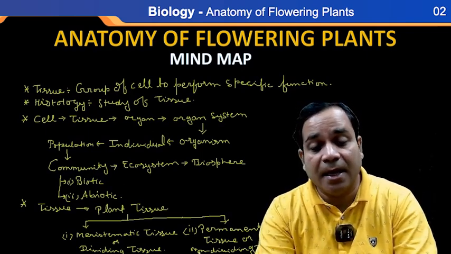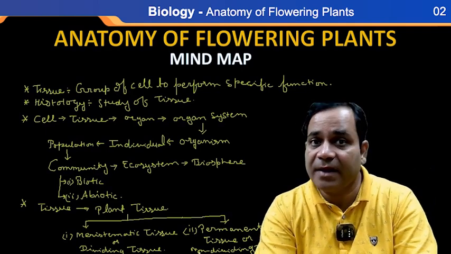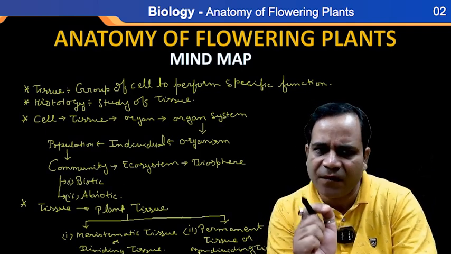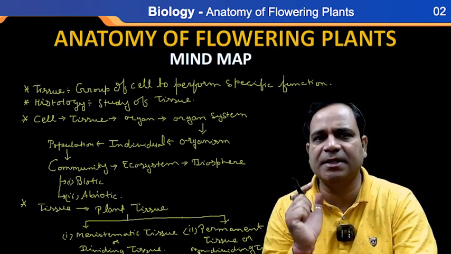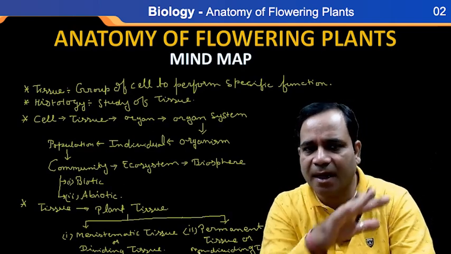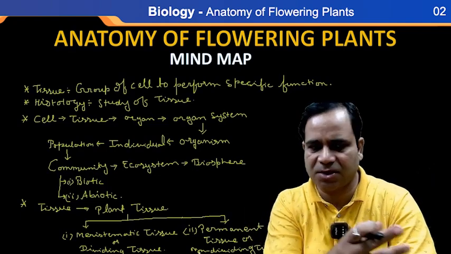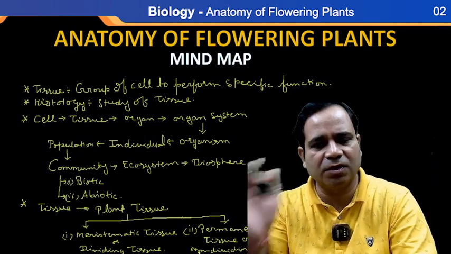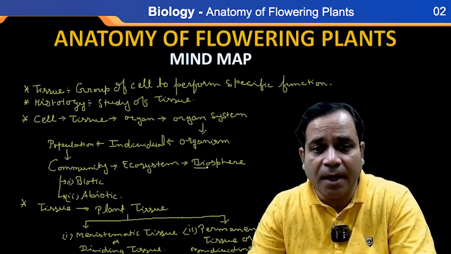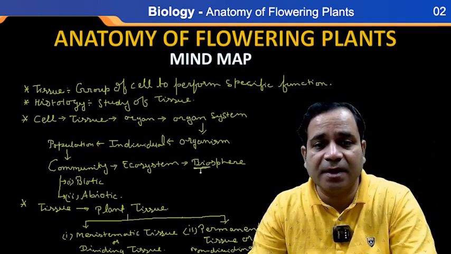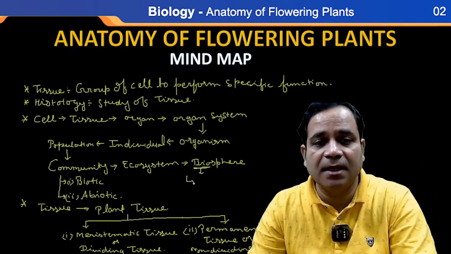Now what should we know here? If we know the term tissue, the term histology, and the hierarchy of life that starts from the cell and goes to the biosphere. See, you all know the term bio. Bio means life, dear.